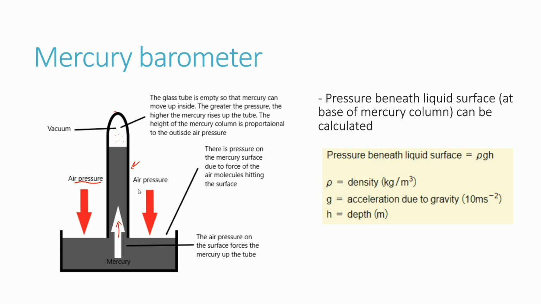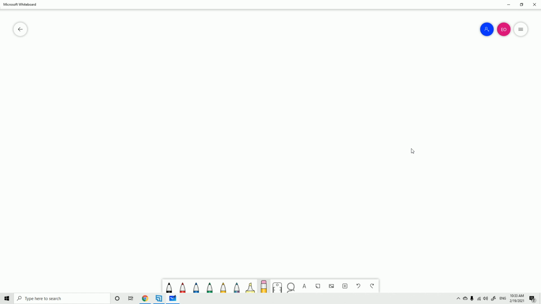And we can actually calculate the air pressure after the height has stabilized inside the column by utilizing the concept of pressure that's exerted beneath a liquid surface. So let me just take you to this whiteboard here. I want you to imagine a big block, a big container, right? Now, in this container, you have water, like this.